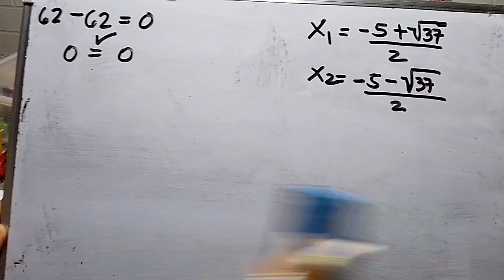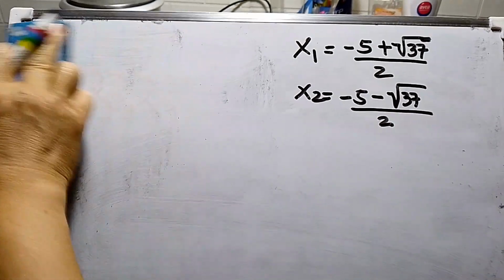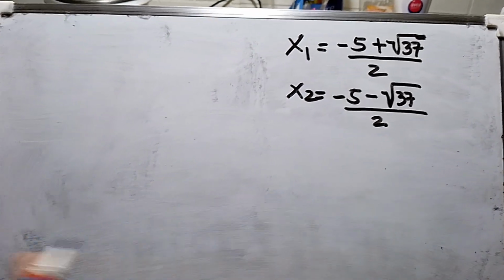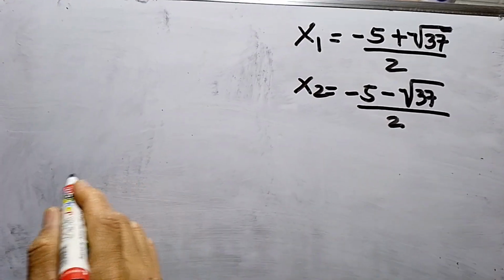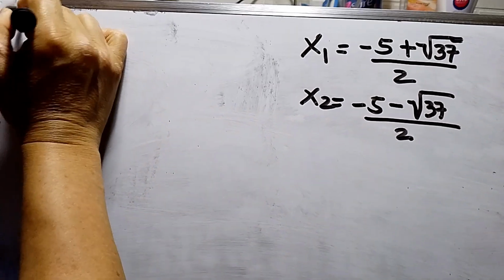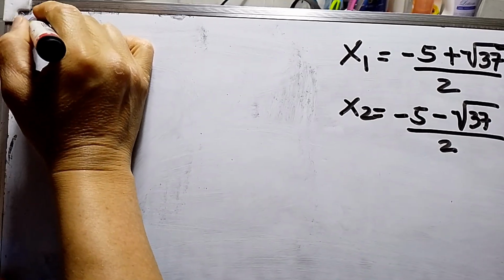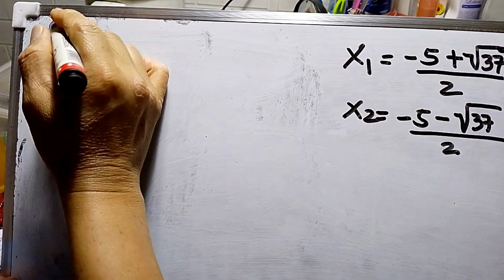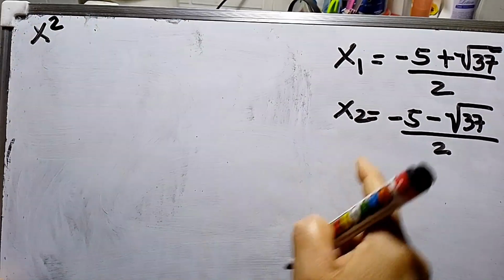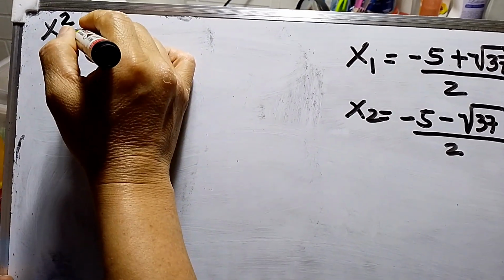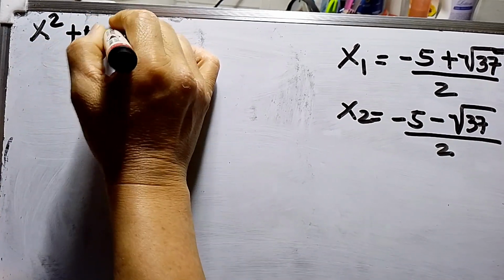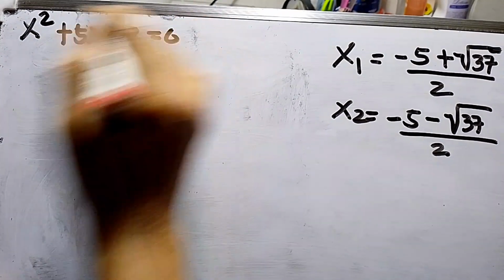Now how about my x2? So my x sub 2 will be negative 5 minus square root of 37 over 2. I will substitute the value of x2 into the given quadratic equation, x squared plus 5x minus 3 is equal to 0.